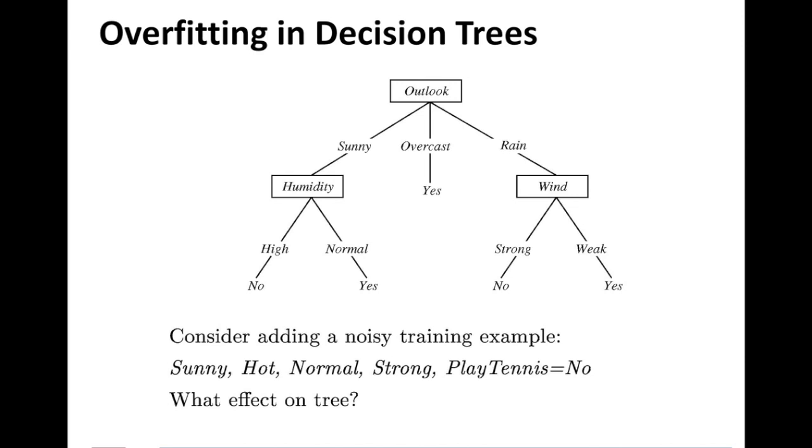So now you actually pruned two paths in the tree. One path where outlook is sunny, humidity is high, and the decision is no. Another path is outlook is sunny, humidity is normal, and the decision is yes. Both of these paths were pruned when the humidity node is removed.